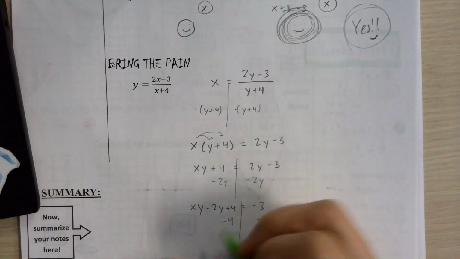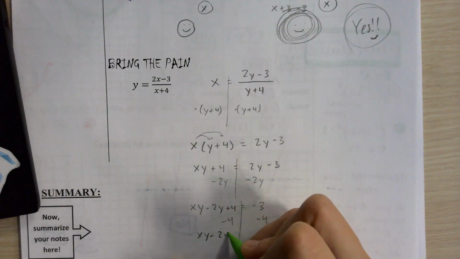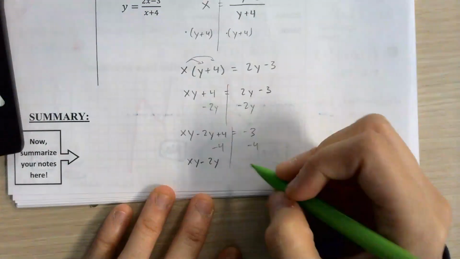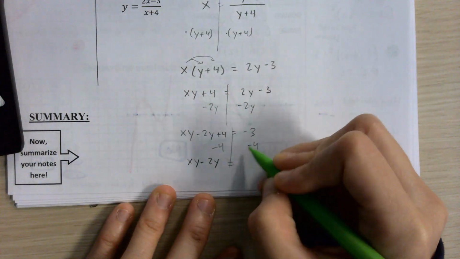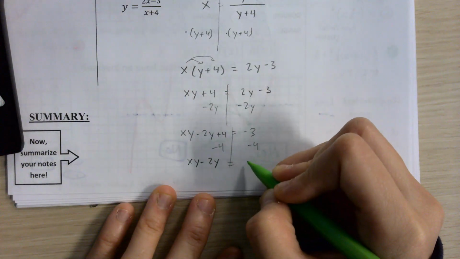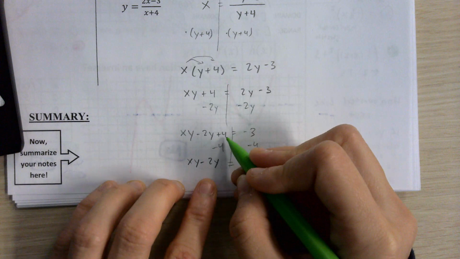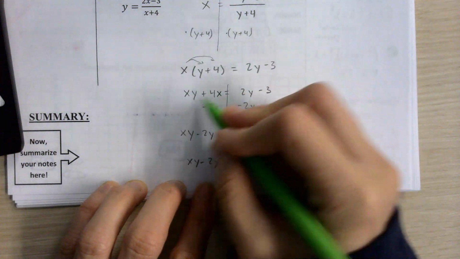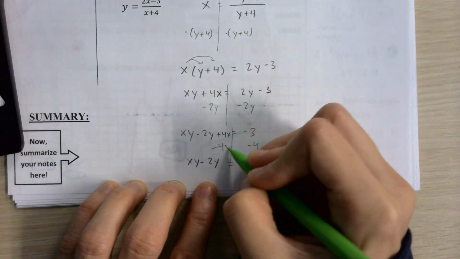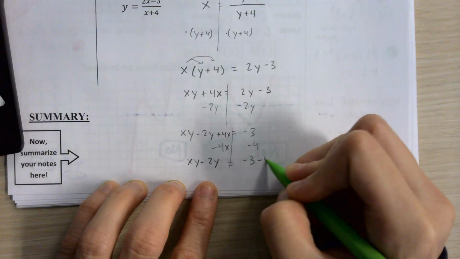Get rid of the 4x. So you have xy minus 2y equals negative 3 minus 4x.